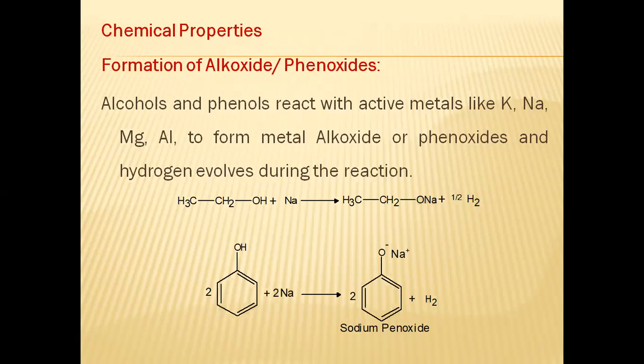Here we are saying that alcohols and phenols have an acidic nature. When you treat an acid with any metal, it liberates hydrogen gas, and the same takes place here.